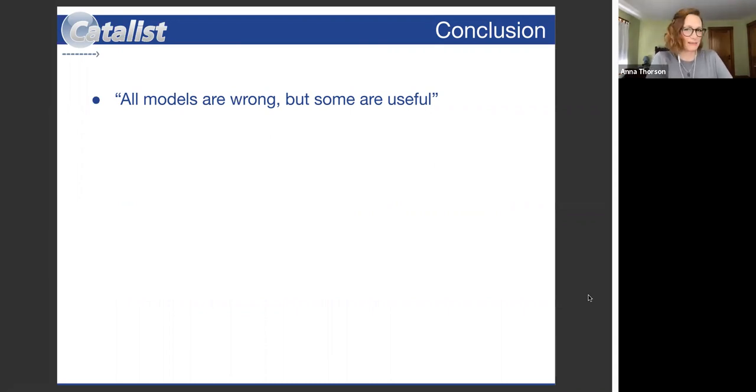I don't expect them to be perfect. I don't expect them to be right all the time. I don't even always expect them to be unbiased, but I do expect them to do more good than harm, to do no harm, and to be useful. And so this is where I want to leave you all, thinking about models in this way.